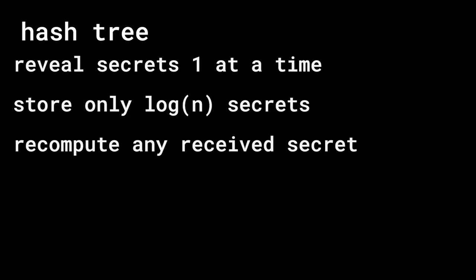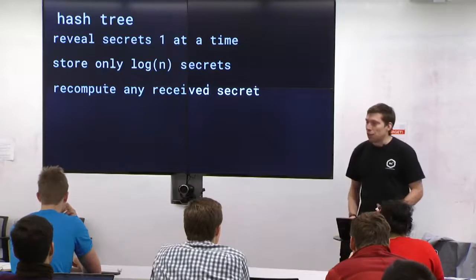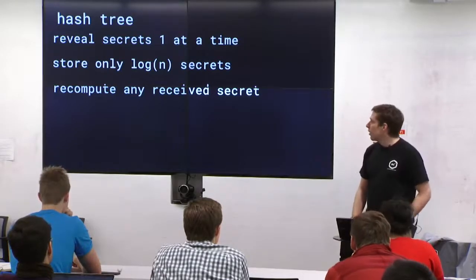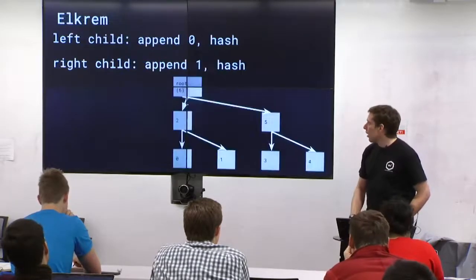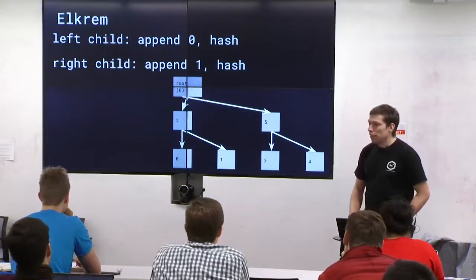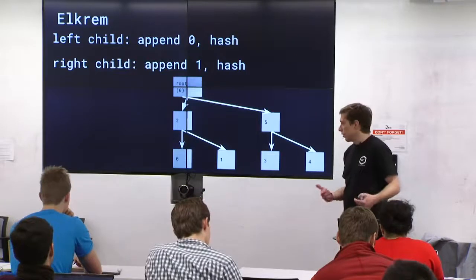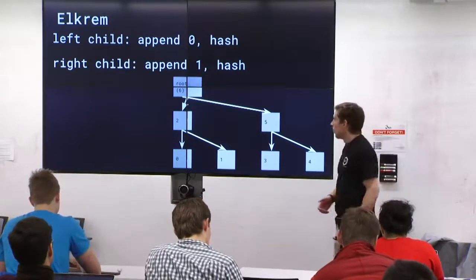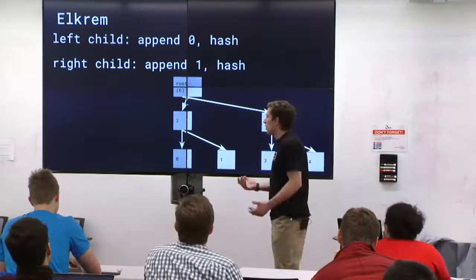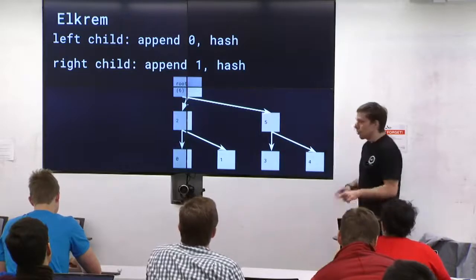You reveal secrets one at a time, you store only log n secrets, and you recompute any secret you want with something around log n operations. I called it Elkrem. I think there's an actual paper that is basically this called GGM, written by people at MIT. But I called it Elkrem because it's basically a Merkle tree backwards, because the arrows point the other direction.